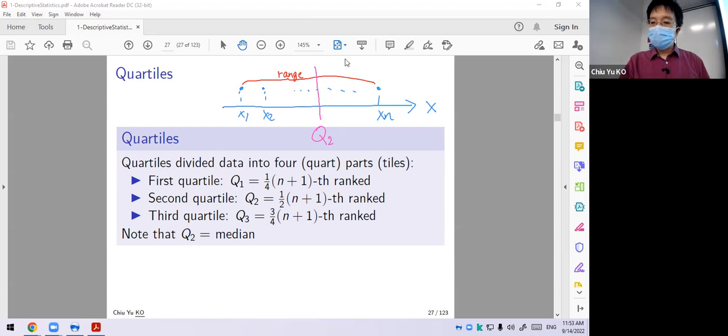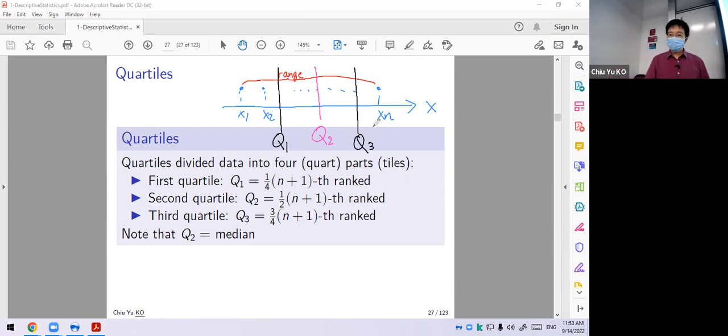Then you take the first half, do the median again, and that becomes Q1, the first quartile. Then you look at the second half, another median, that is Q3.